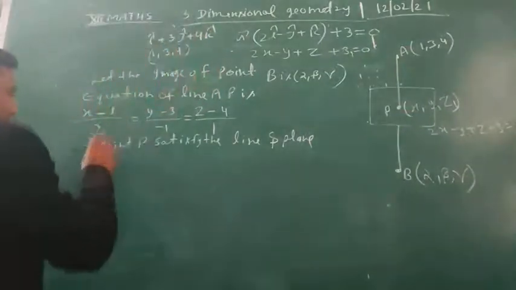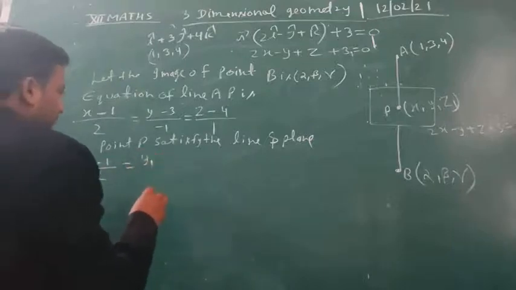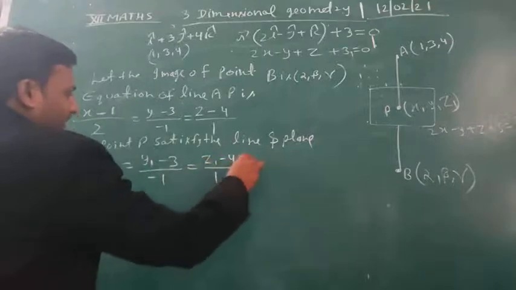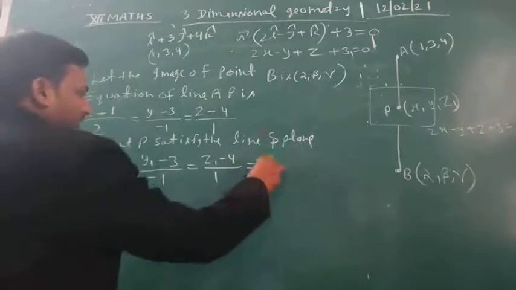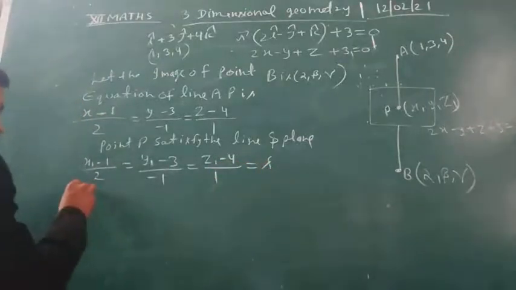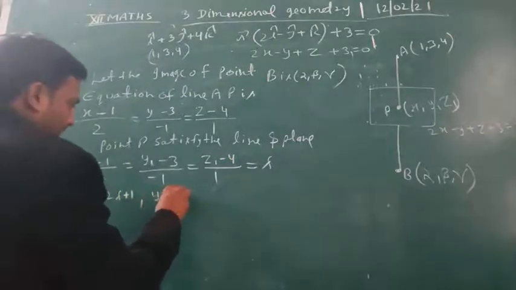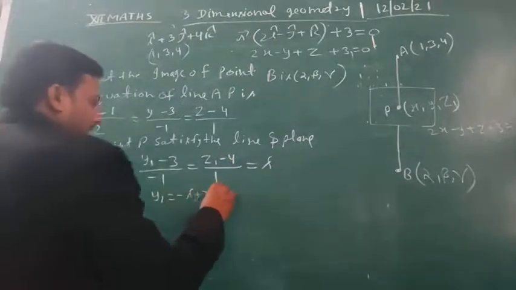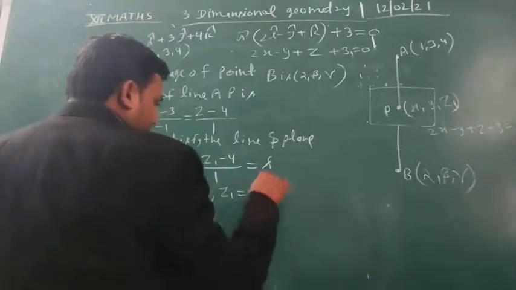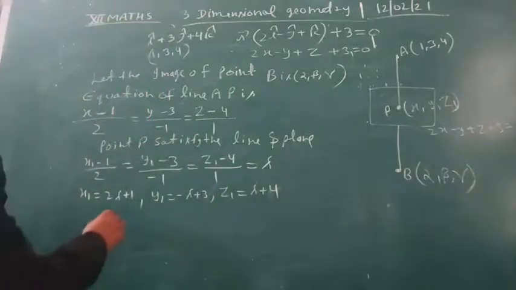So we can write x1 minus 1 by 2, y1 minus 3 by minus 1, and z1 minus 4 by 1, and suppose that this is equal to the constant lambda. So x1 will be 2 lambda plus 1, y1 will be minus lambda plus 3, and z1 will be lambda plus 4. Okay students, so x1, y1, z1 is this.